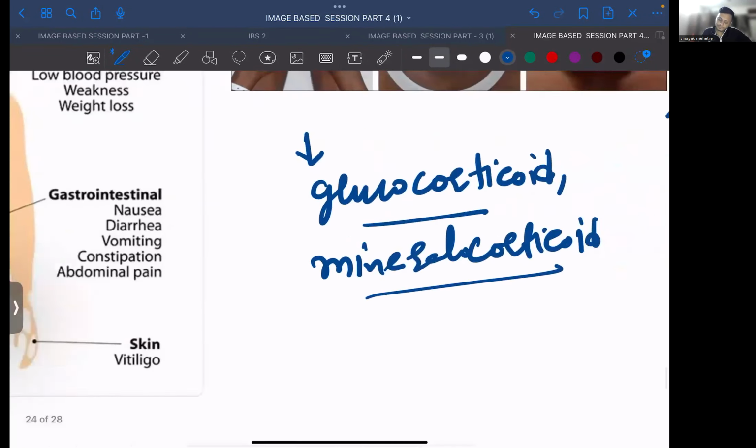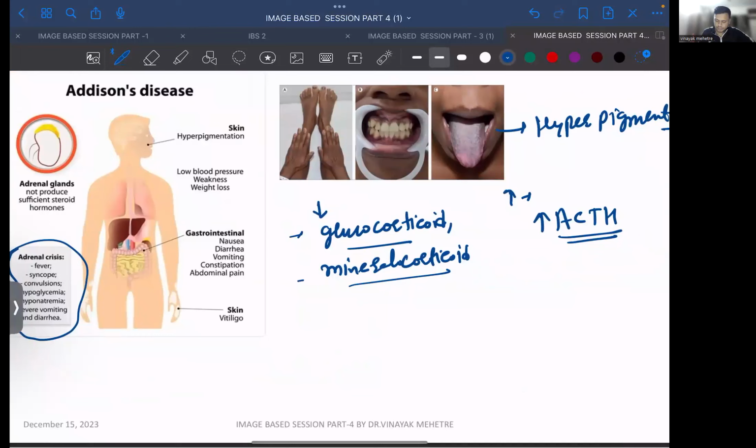Treatment. What is going down? Steroids.